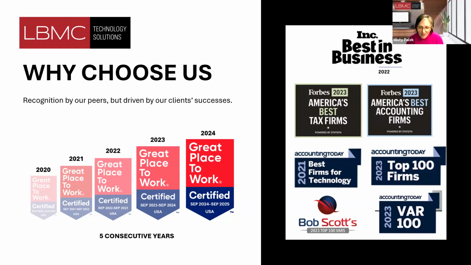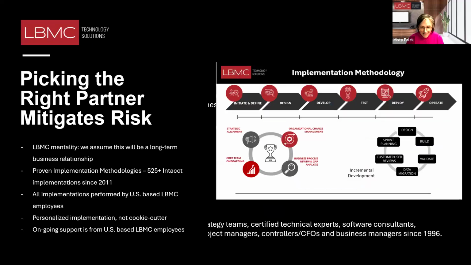And how does picking the right partner mitigate risk? I actually have a great little story and analogy for you so that you can understand what picking the right partner does to mitigate risks. A few years ago, an inland hurricane actually hit my hometown, and everyone needed a new roof because the high winds destroyed our community's roofs. At the time, it was hard to find a roofing company because there was so much work to be done.